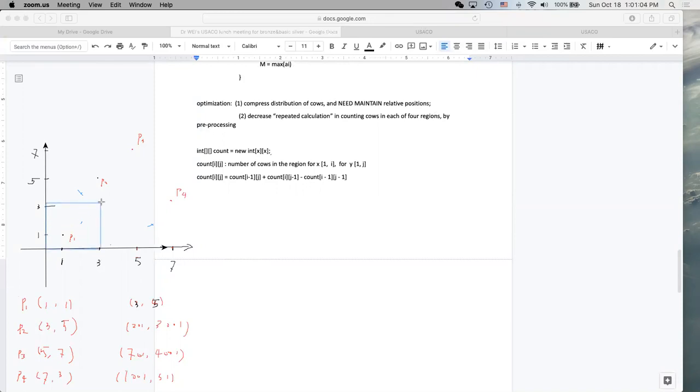Okay, so this is originally I and j, right? And here's I and j. You want to know how many cows are within I and j all the way to the origin points. But this relies on I minus 1, j, right?